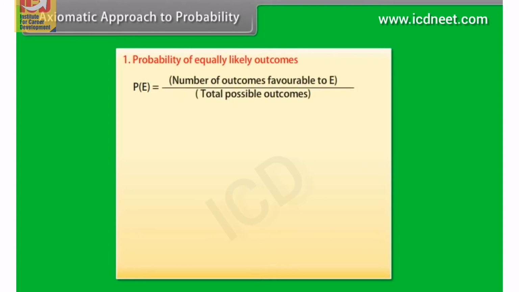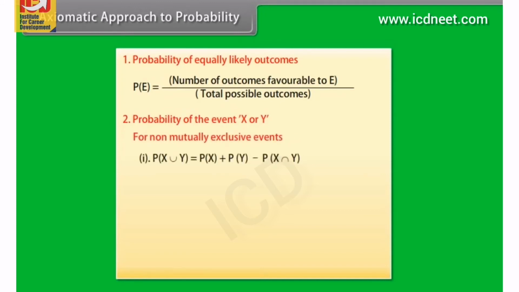Probability of equally likely outcomes: P(E) = number of outcomes favourable to E divided by total possible outcomes. Probability of the event X or Y. For non-mutually exclusive events, P(X union Y) = P(X) + P(Y) minus P(X intersection Y).